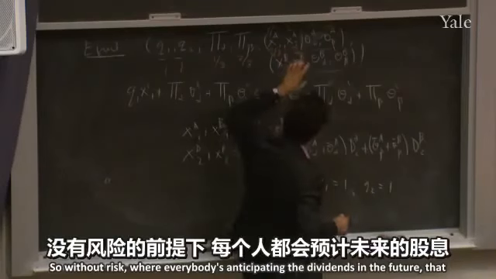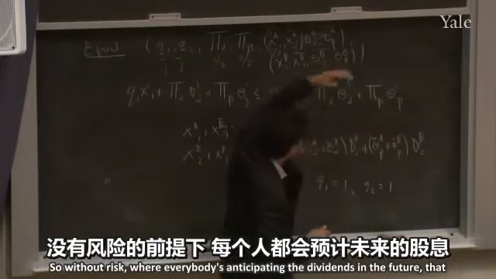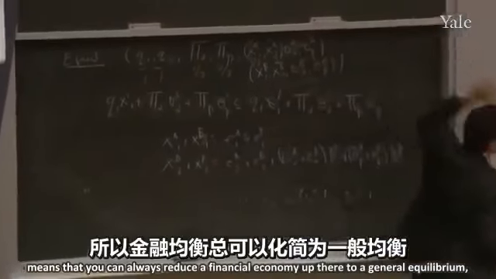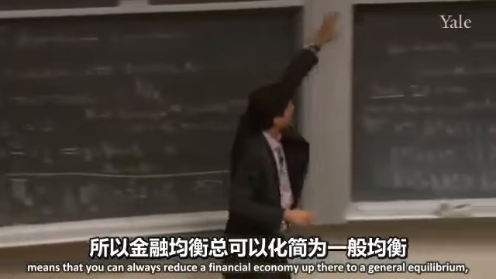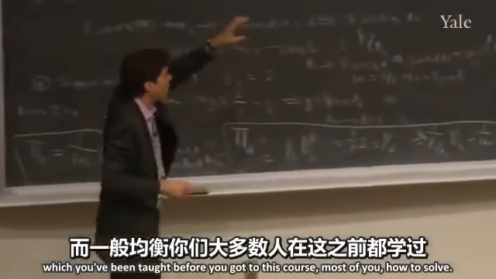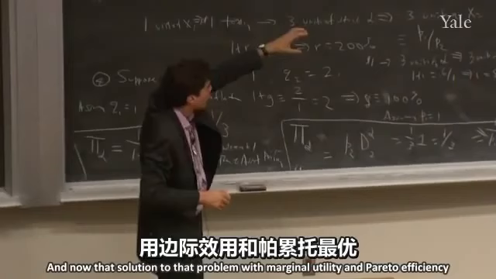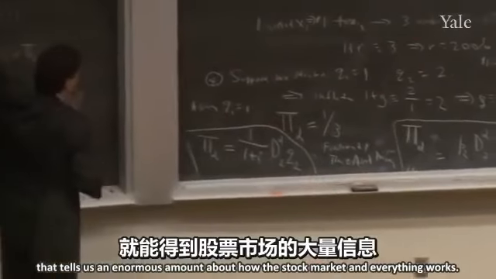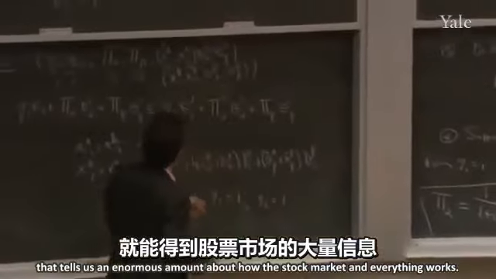So without risk, where everybody's anticipating the dividends in the future, that means that you can always reduce a financial economy to a general equilibrium, which most of you have been taught how to solve before you got to this course. And now that solution to that problem with marginal utility and Pareto efficiency tells us an enormous amount about how the stock market and everything works.